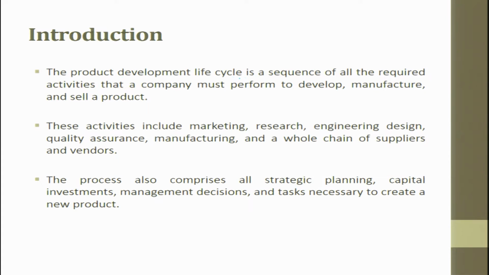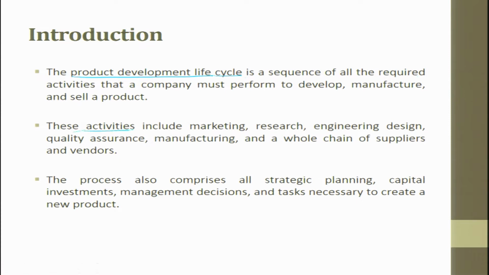Okay? So, the product life cycle is a sequence of all the required activities that a company must perform to develop, manufacture and sell a product. So, this is the definition for product life cycle. These activities can include marketing, research, engineering design, quality assurance, manufacturing and a whole chain of supplier and vendor.